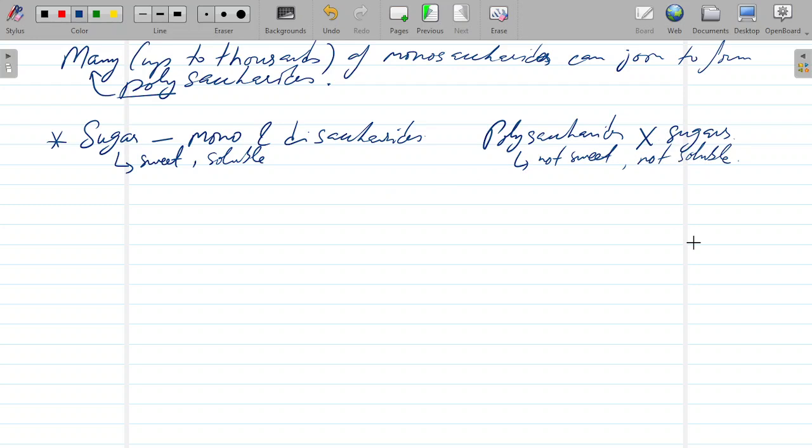Right, so if you want to, you can show it like this: this circle represents carbohydrates and these over here are sugars.